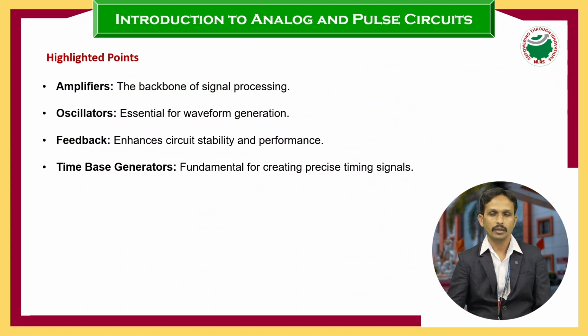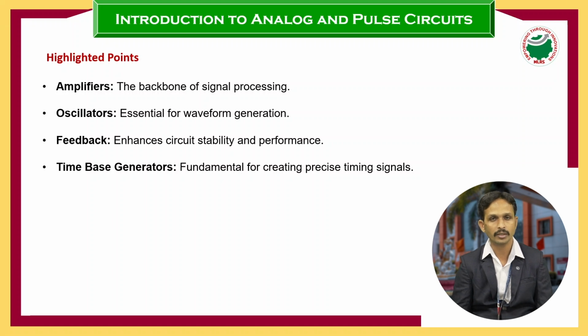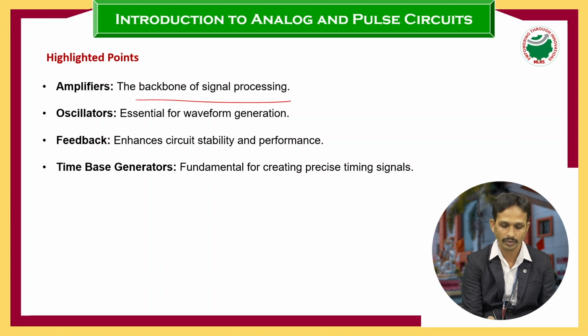Here are some highlighted points from this course. In analog and pulse circuits, we will study amplifiers: multi-stage amplifiers, feedback amplifiers, and power amplifiers. These signals can be used in communication systems or signal processing systems.